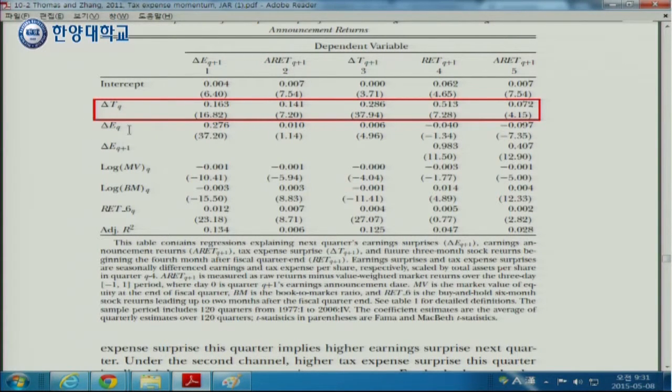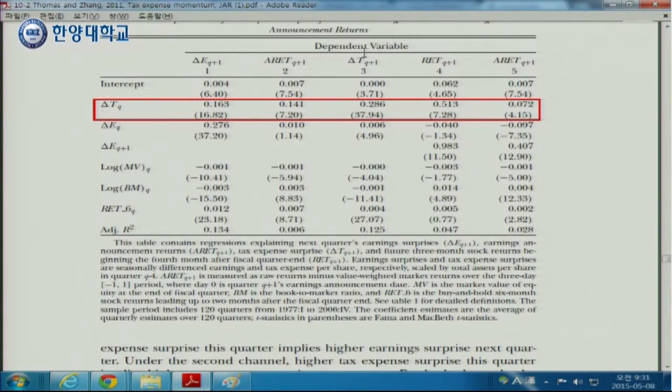So today's earnings surprise is insignificant in explaining the stock price jump one quarter later after earnings surprise. But today's tax surprise can have predictive power for the stock return jump after the earnings surprise one quarter later. So this is very interesting news. In some sense, tax expense surprise today includes maybe more information than earnings surprise.